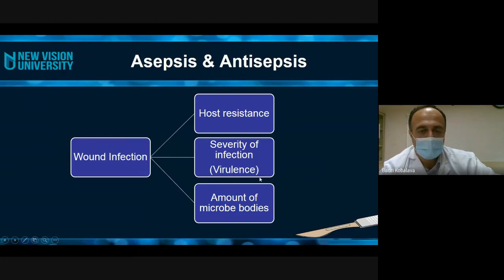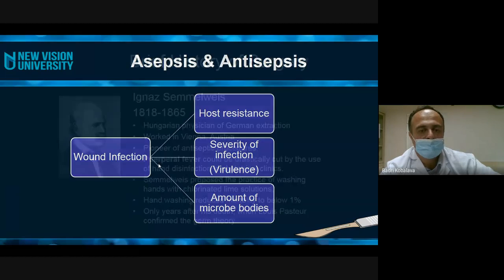Okay, so we cannot decrease the virulence of the microorganisms, but we can increase host resistance. We discussed already how to compensate the immunodeficiency of the patient, and also we can decrease the amount of microorganisms which get into the surgical wound during surgery.